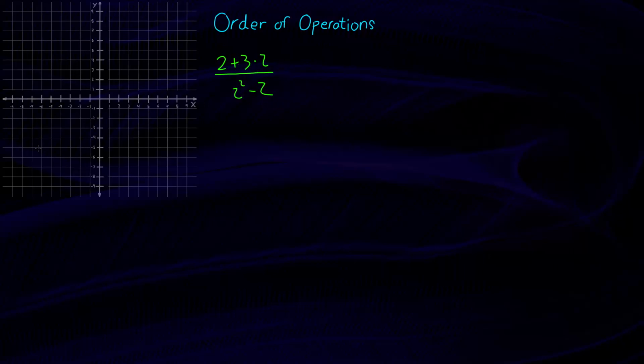This is equivalently the same as if we had written 2 plus 3 times 2, and then we divide that by 2 squared minus 2, or sometimes it could be 2 plus 3 times 2 divided by 2 squared minus 2.